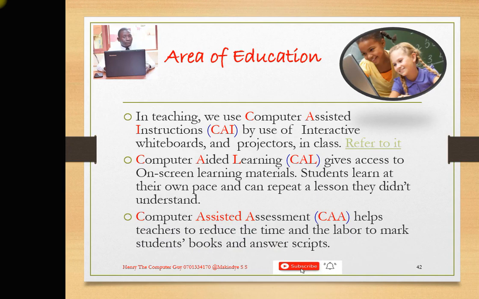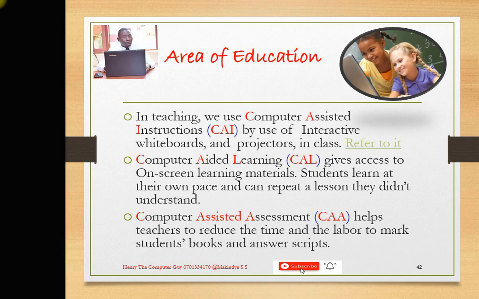Computer-assisted assessment helps teachers to reduce the time and the labor to mark students' books and answer scripts. For example, if I had many students in class, and I wanted to give them a test and mark it in the shortest time possible, what I'll do is use a computer. I get what we call a master document.